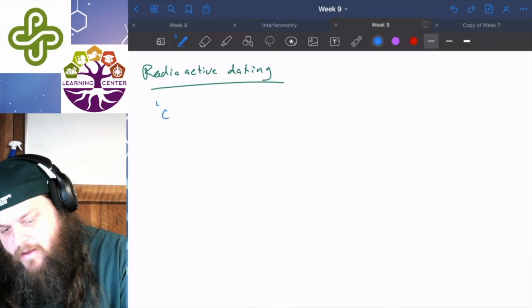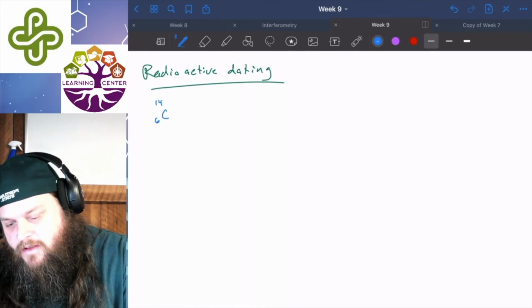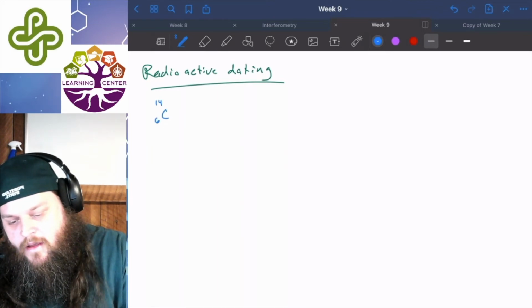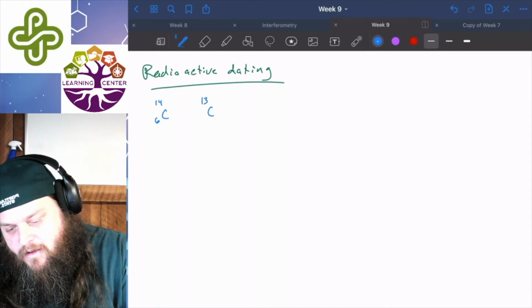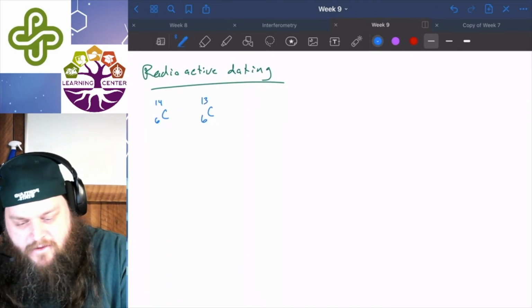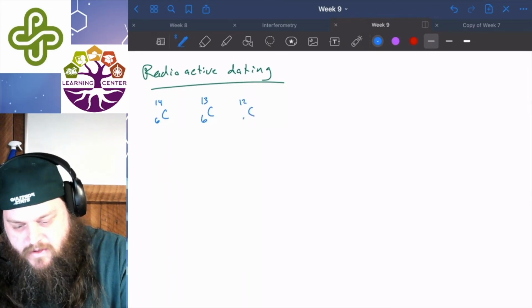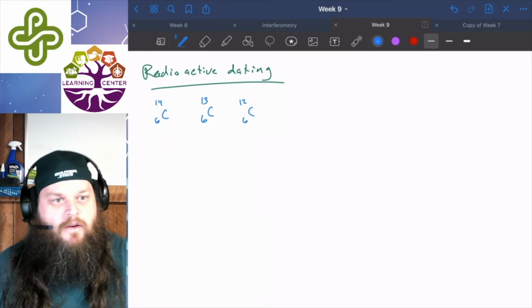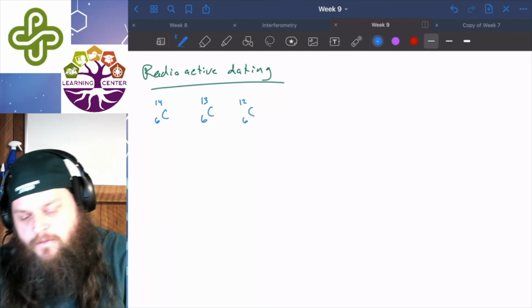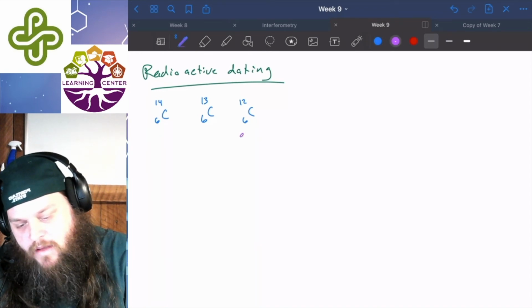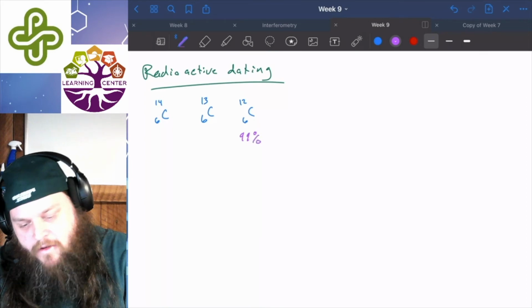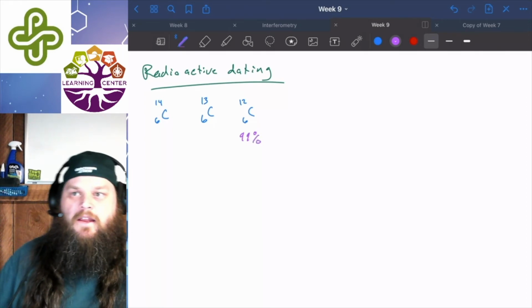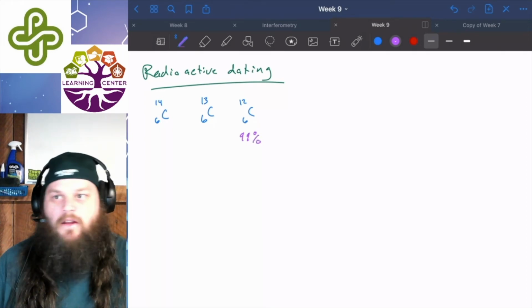Let's write that better. Which has 6 protons in it. There's a carbon-13, which has 6 protons in it, and there's a carbon-12, which has 6 protons in it. And the relative abundance of these in the atmosphere or in our planet in general is about 99% carbon-12. And we can see that reflected in the atomic weight if you look in your periodic table.